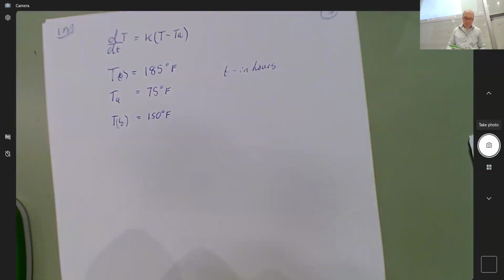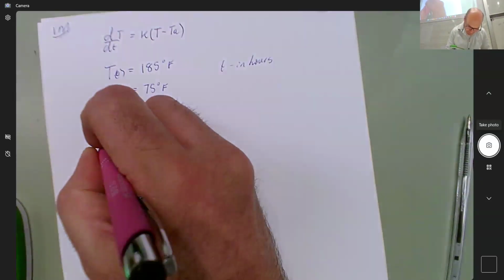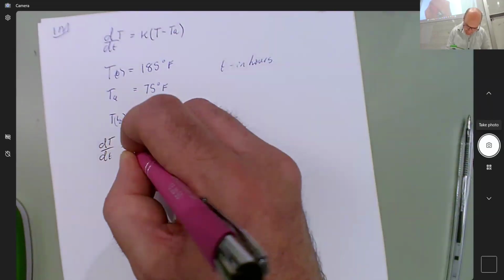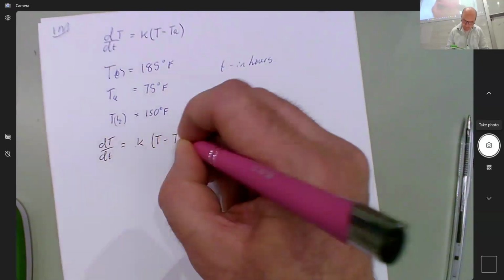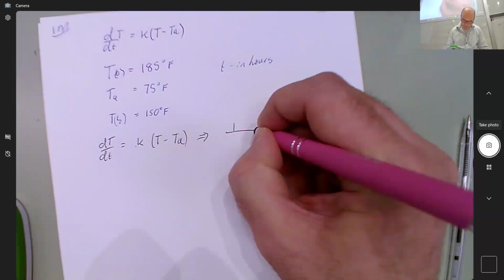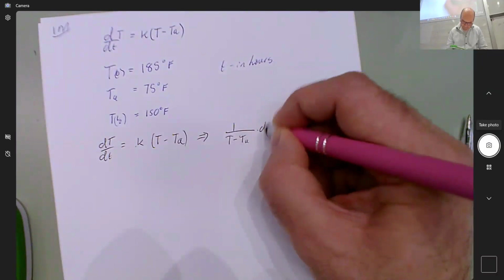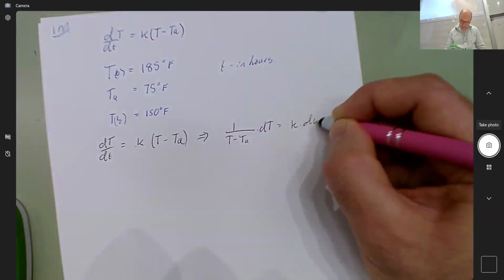Okay, so first thing we really should do, I'm sure your lecturer has done this, is take this differential equation. So dT on dt is equal to k (T minus Ta). And we rewrite it as 1 on (T minus Ta) dT is equal to k dt.